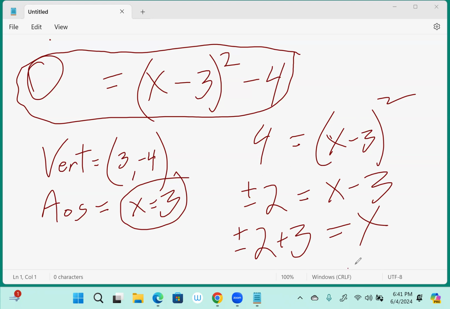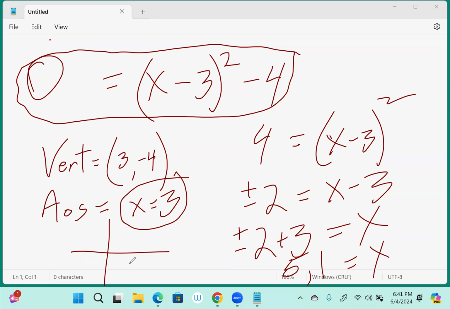Okay, so what are my two answers? You'll have x equals 5 or x equals 1. So now I know exactly how to graph it.